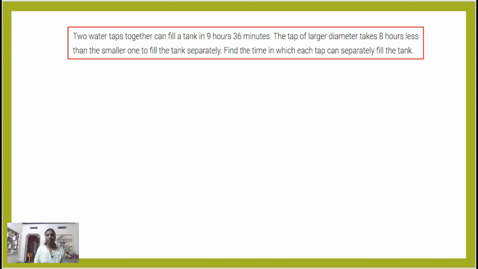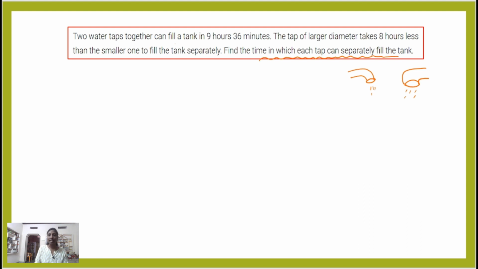Now, let me draw a tap with a smaller diameter. Let me draw another tap with a larger diameter. So we have to find out the time in which each tap can separately fill the tank.